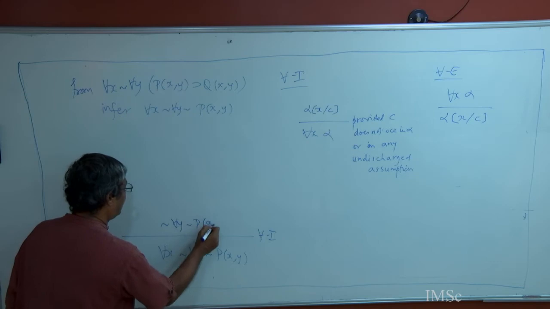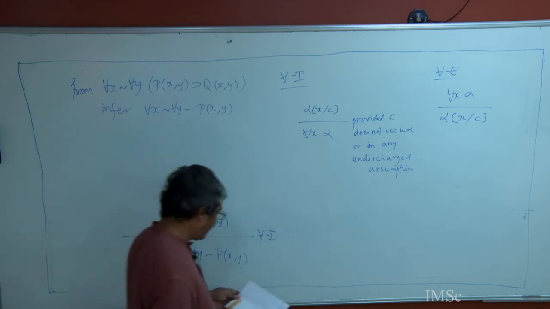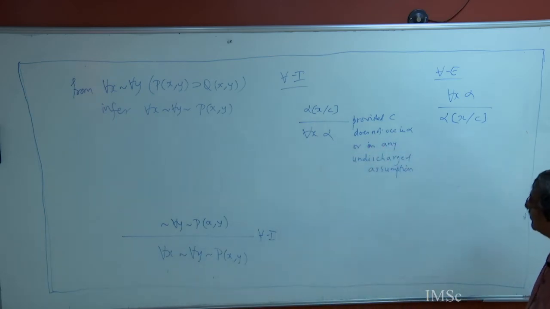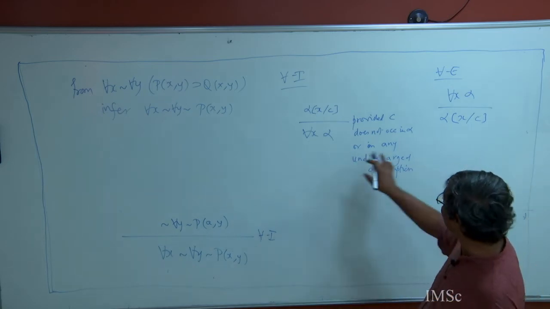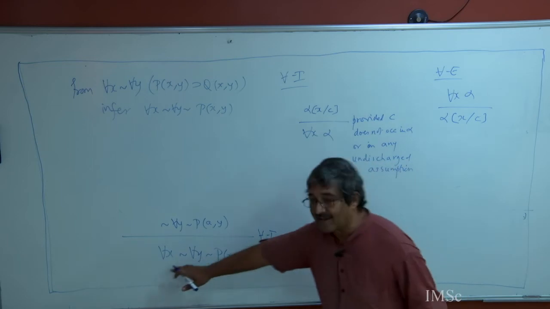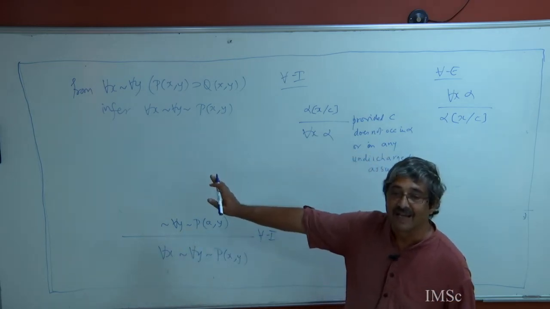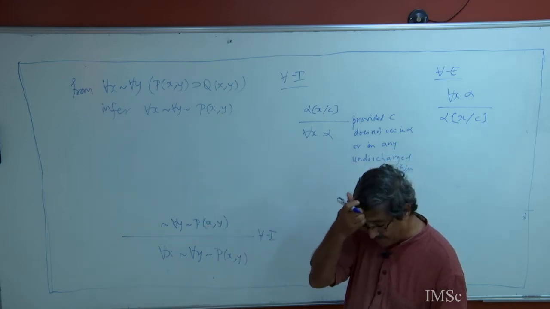So let me write P A Y, and I'll have to make sure as I go up that this A is not occurring below, and that it's not occurring anywhere in any undischarged assumption, right? This is what it is about.